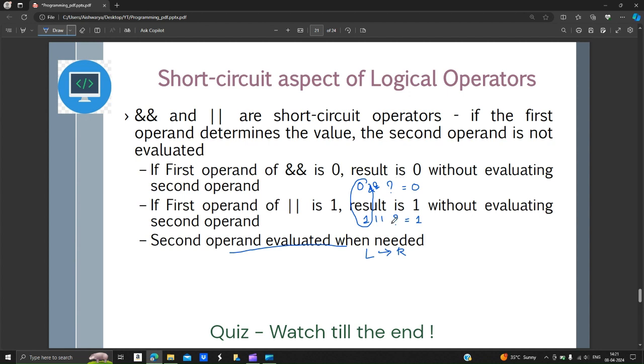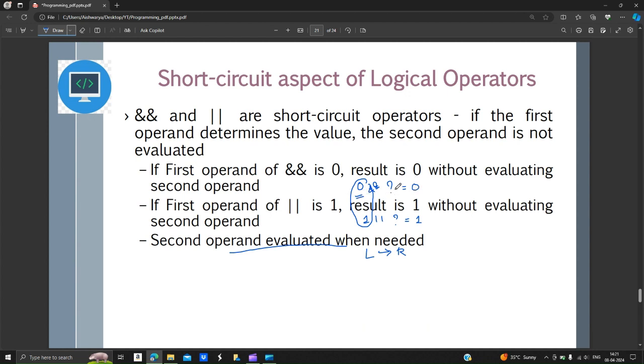Then it will evaluate the second operand only in certain cases when the first operand is not 0, then it will evaluate maybe 1 ANDed with, if you get a second operand as 1, then the answer is 1, second operand is 0, answer is 0. In that case it will evaluate.